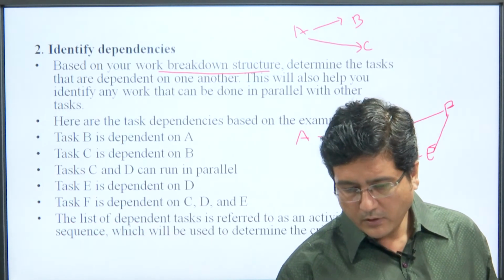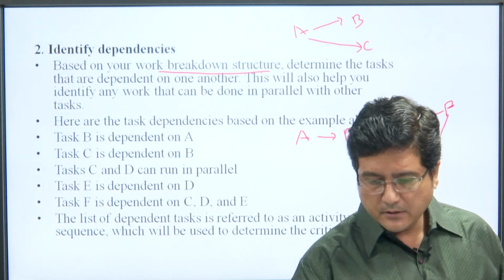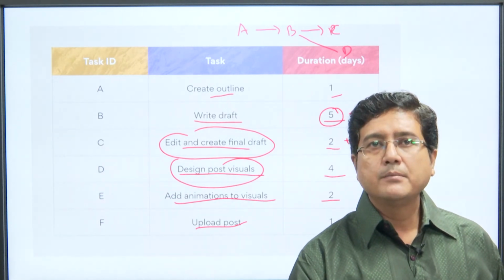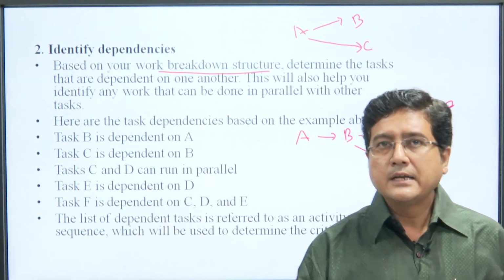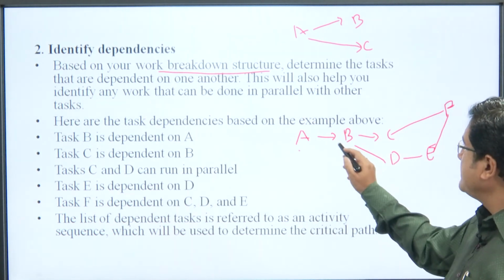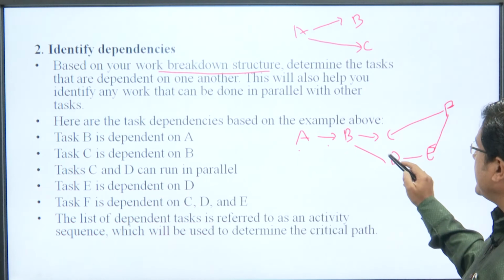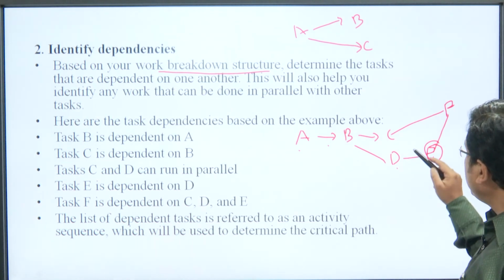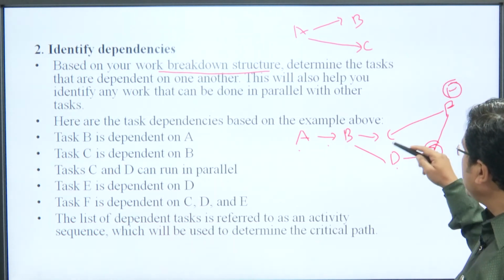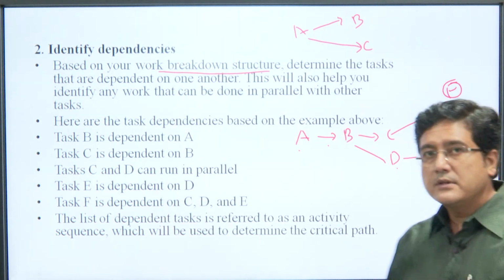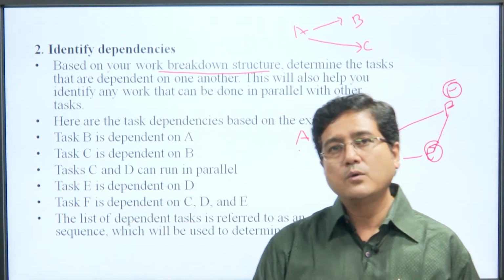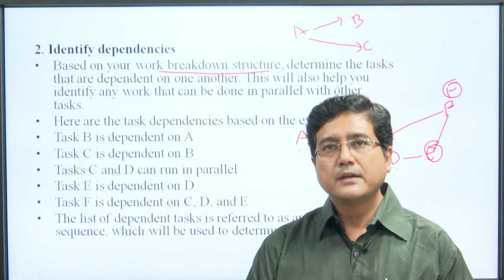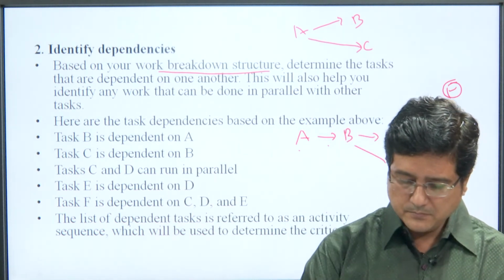See here, B is dependent on A, C and D are dependent on B, E is dependent on D, and finally F is the finish, dependent on all these. So this is a path, and which path we follow is according to the calculation of the longest estimated time in CPM.